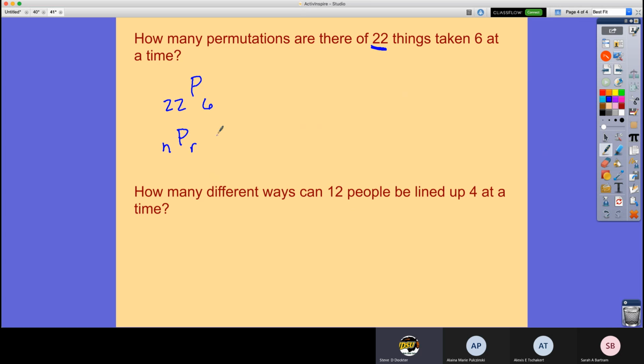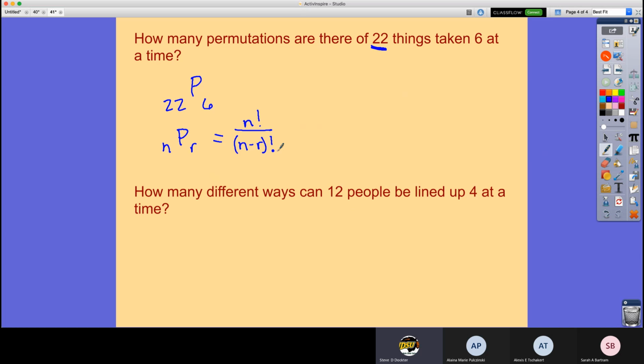Now the equation for this is n factorial over n minus r factorial.